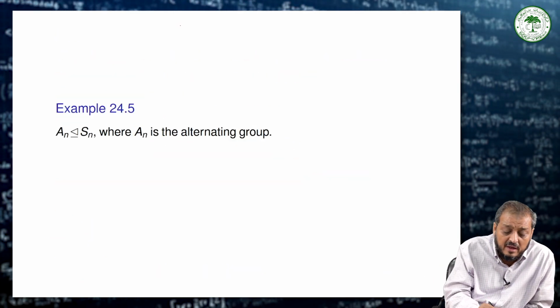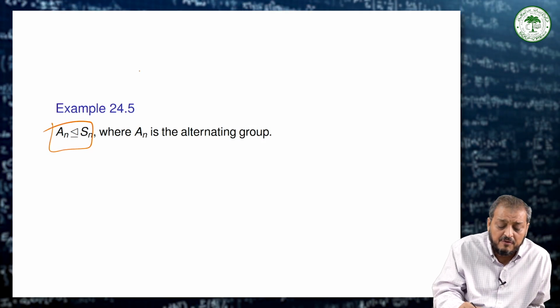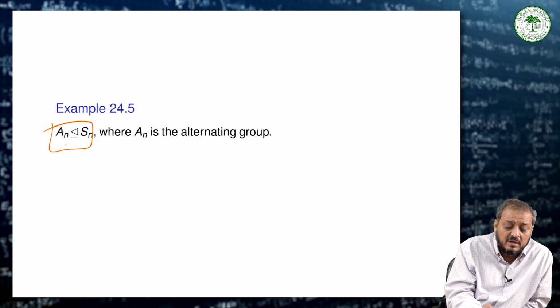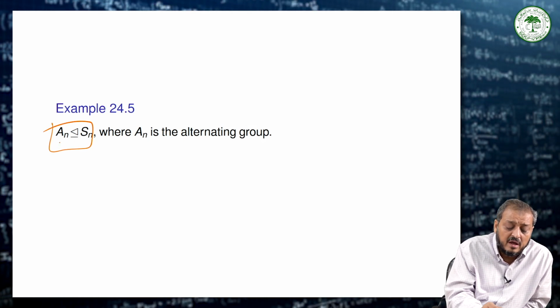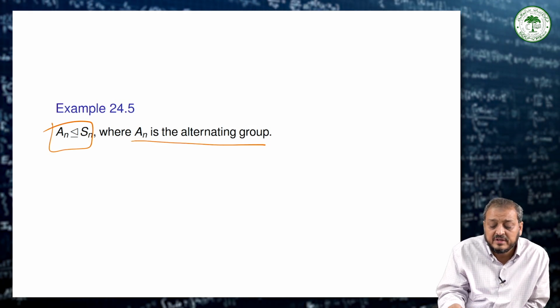we have An, taking for instance A4 in S4. An is a normal subgroup of Sn, where An is the alternating group.